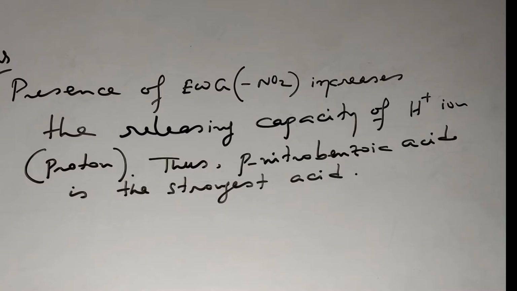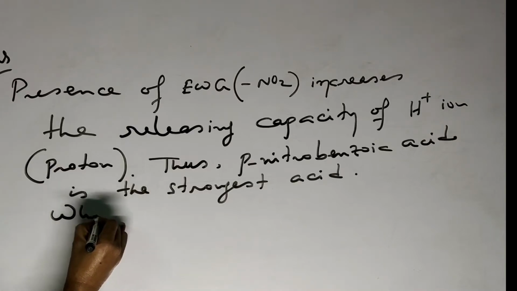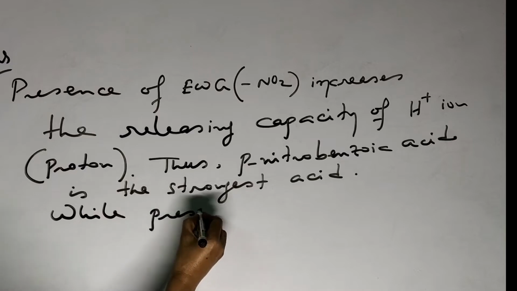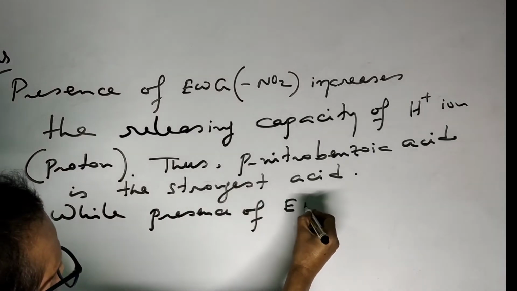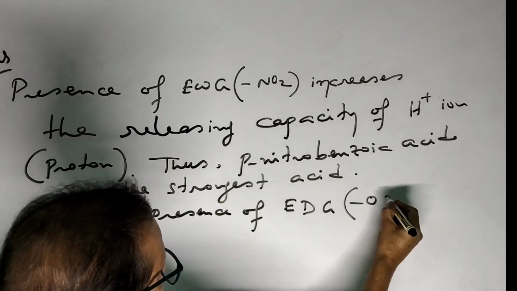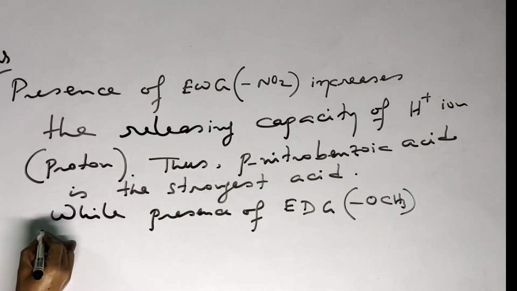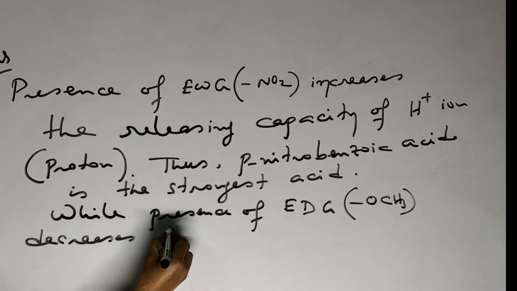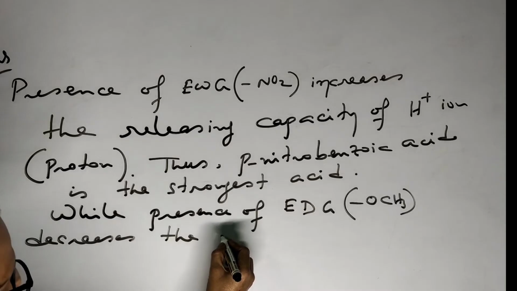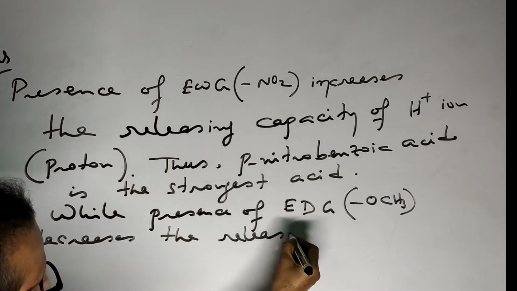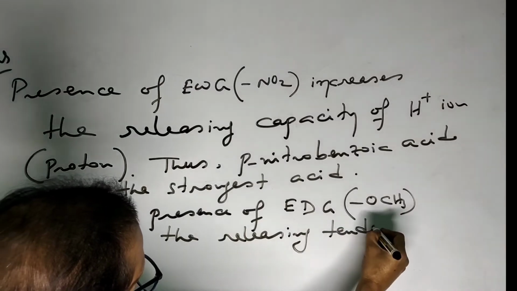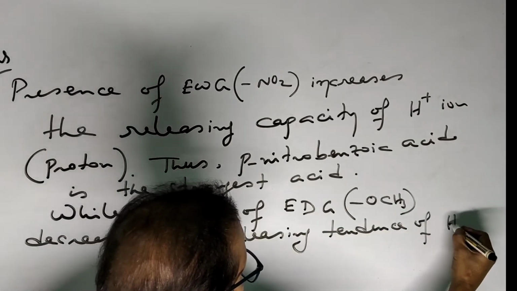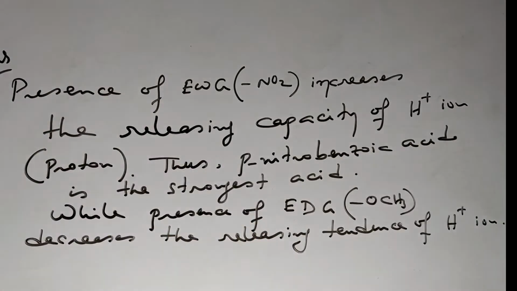And in the other case, how to write it? Presence of electron donating group, here mention methoxy, decreases the releasing tendency of H positive ion.